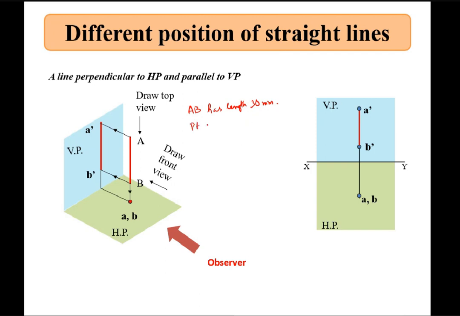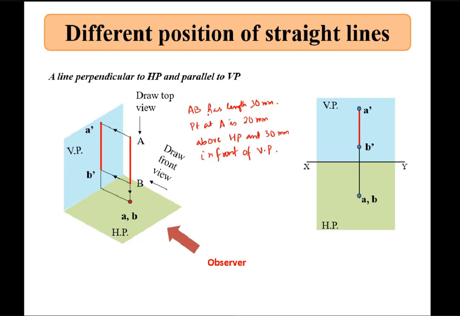Point A is 20 mm above HP and 30 mm in front of VP. Suppose in the question it is given that a straight line AB is perpendicular to HP and parallel to VP.